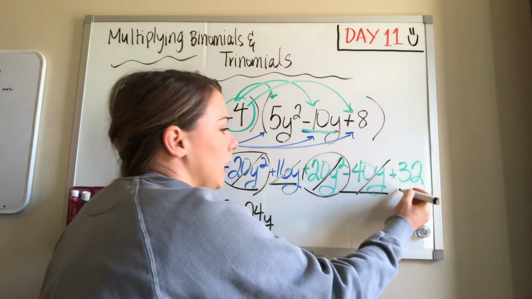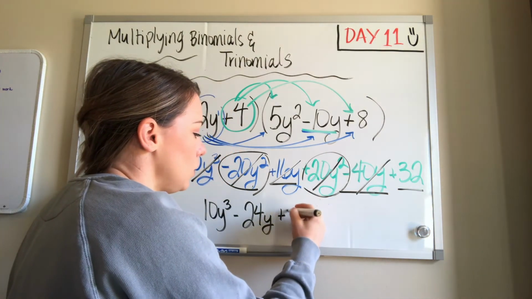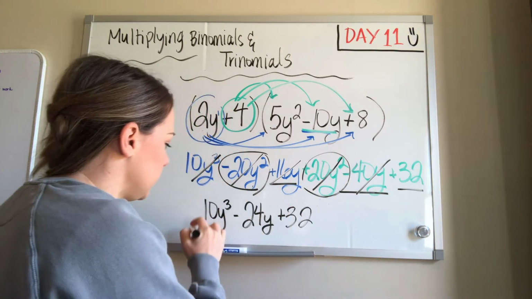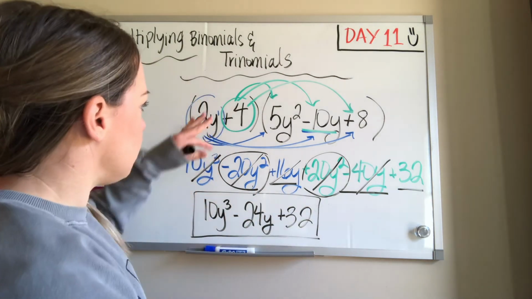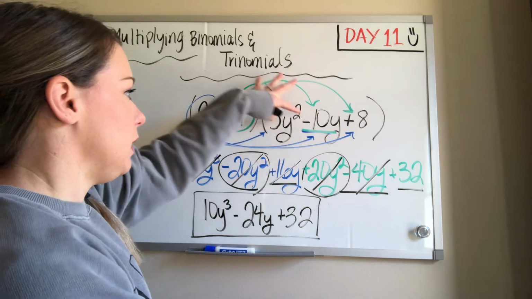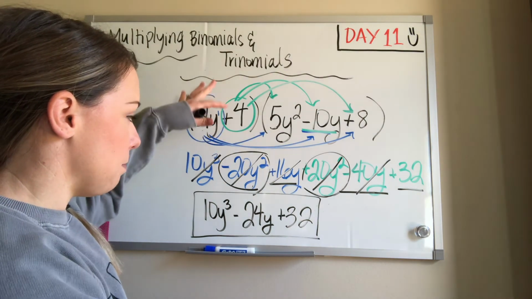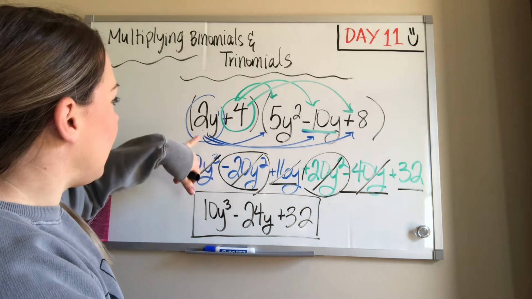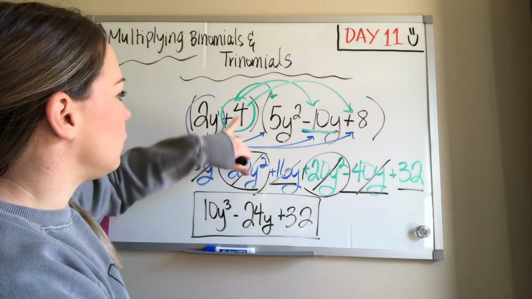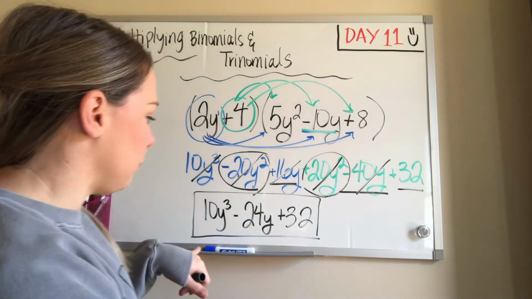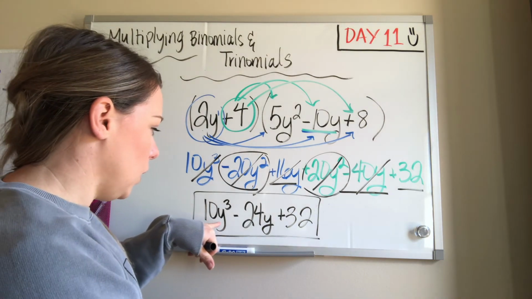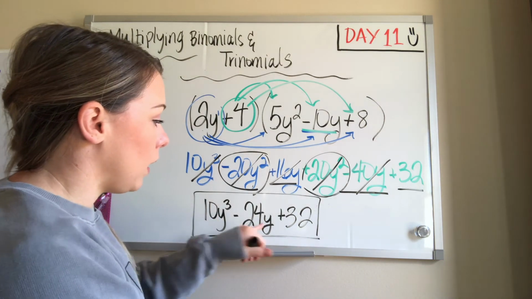And then finally I have 32, which has no like terms, so it's plus 32. So when I multiply 2y plus 4 by 5y squared minus 10y plus 8, I produce the polynomial 10y cubed minus 24y plus 32.